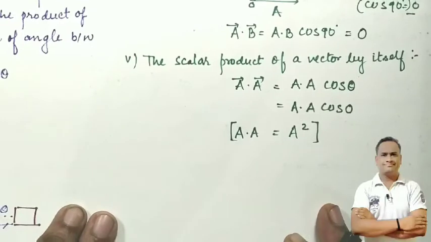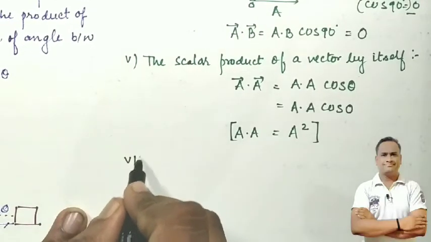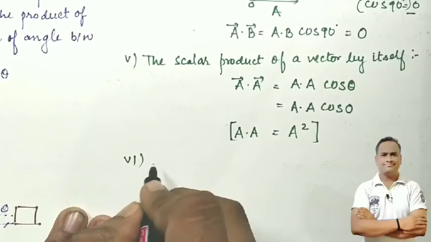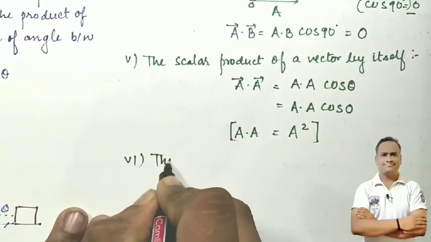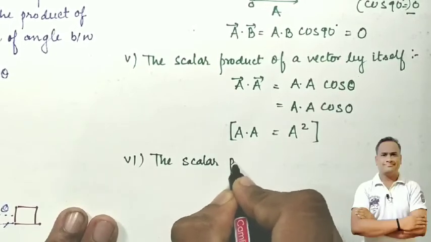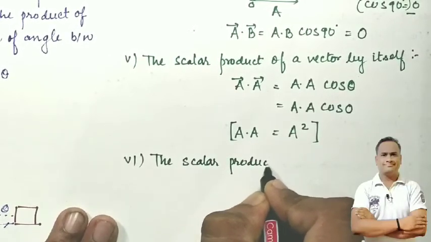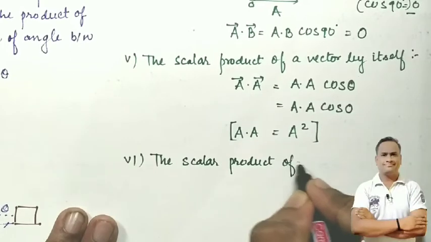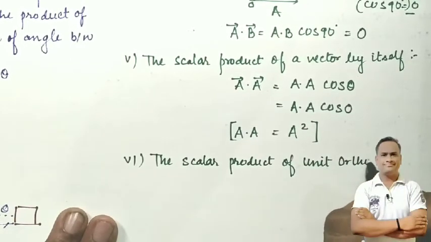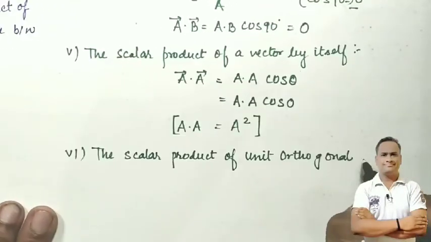The next property is the scalar product of unit orthogonal vectors.